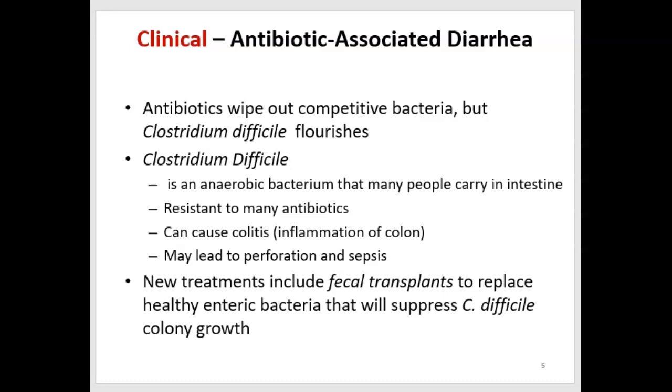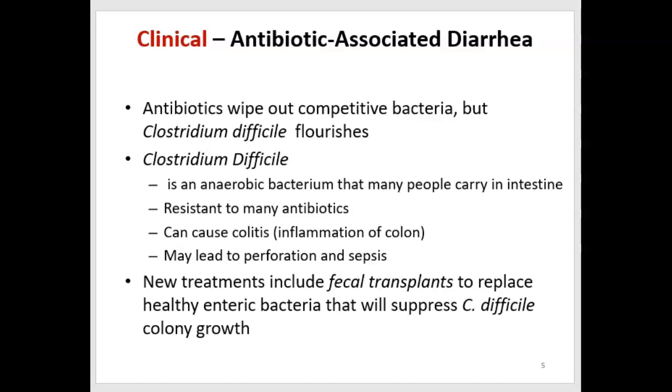You might have heard of it as C. diff. And this is an anaerobic bacterium that many people carry in their intestine, but is kept down to low numbers by the presence of other enteric bacteria.